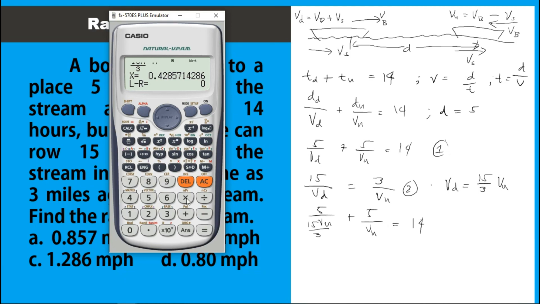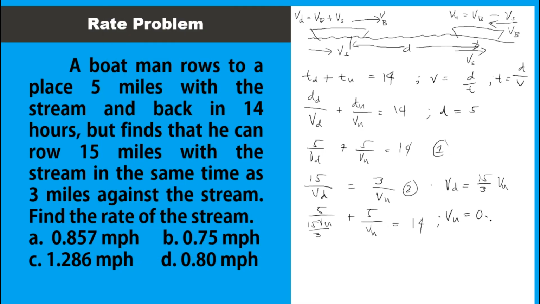In order to get v sub d, you have to multiply that by 15 over 3, using the second equation.